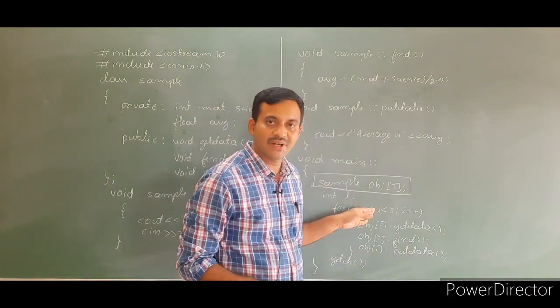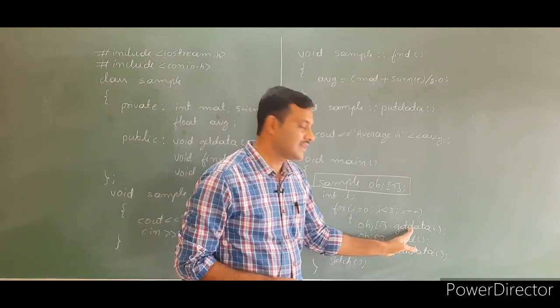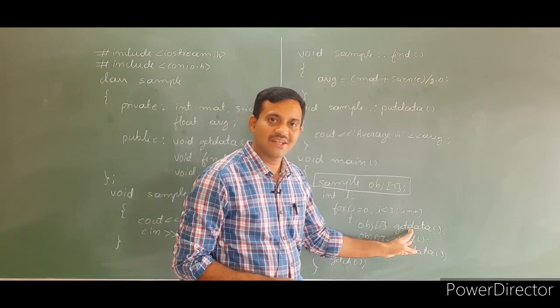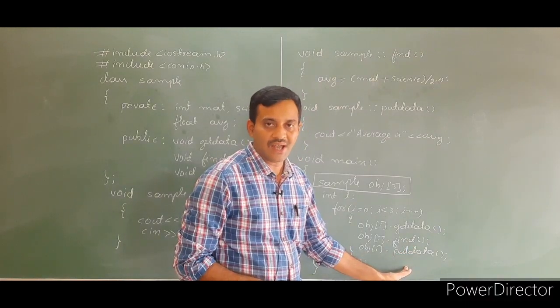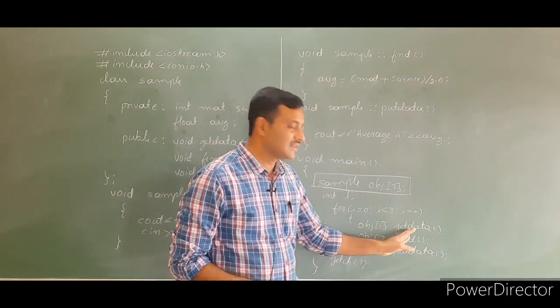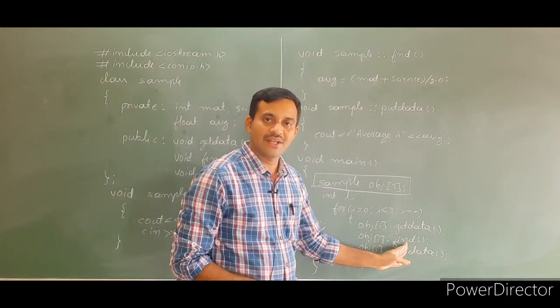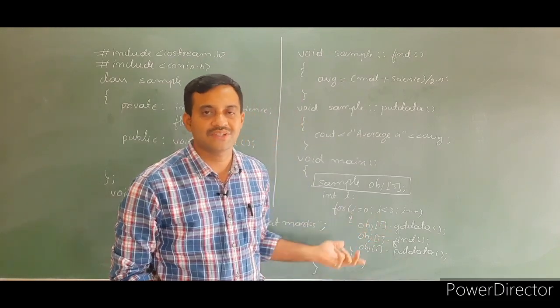Again the i value is incremented, we call the second student, again we read the values for maths and science, then find the average, then output the average. Again the i value is incremented, it becomes 2, read the values for maths and science, find the average and display the average. When it becomes 3, the for loop terminates.